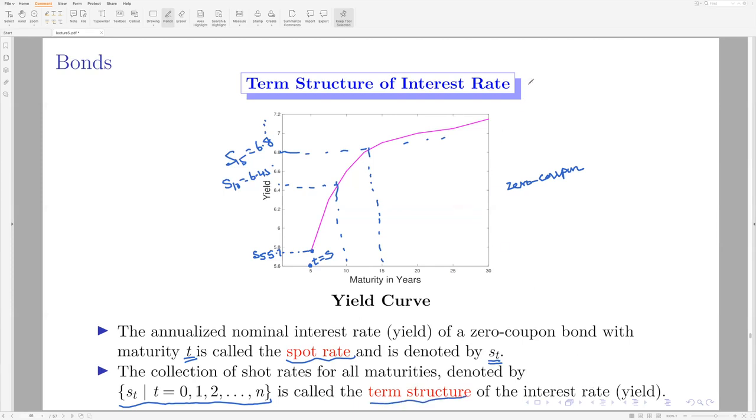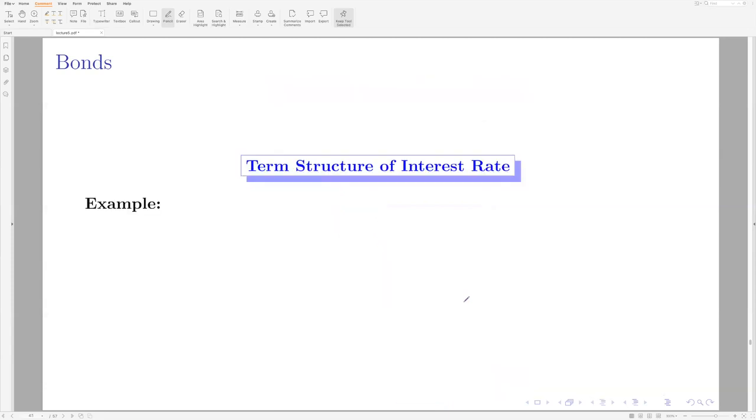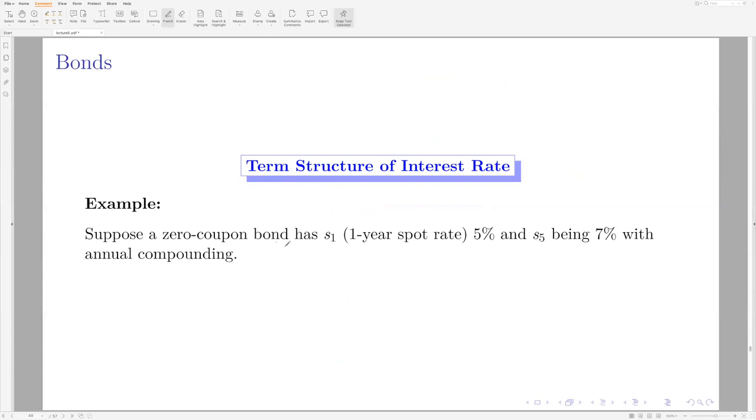In this section we are interested in trying to understand the term structure of interest rate of a bond. So let me give a very simple example. Suppose a zero coupon bond. Remember, the spot rate is only defined for a zero coupon bond.